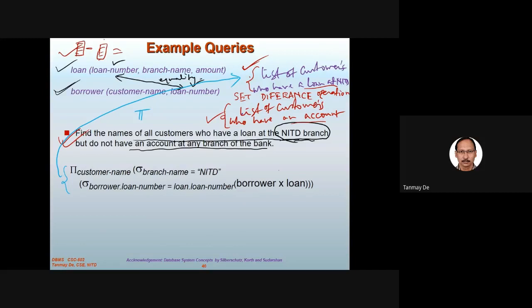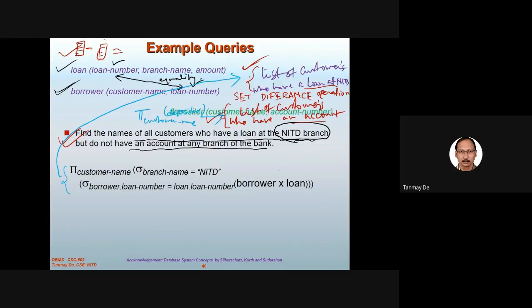For that, this relation is not sufficient. These two relations are not sufficient. Another relation needs to be consulted. What is the relation? Depositor. That is, here we write the customer name from depositor. Okay, so this actually gives us this list.